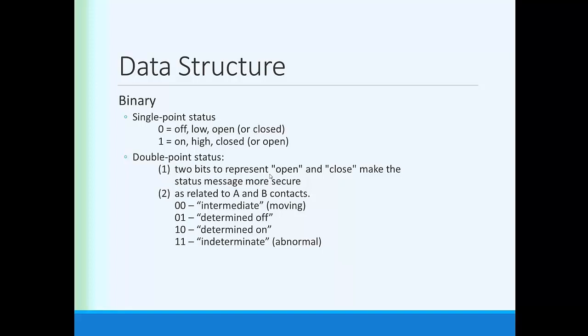There's also a definition called double point status. If a device supports double point status, then it uses 2 bits to represent whether something is open, closed, high, low, true, false, whatever the case may be. Typically the best example of double point status is a motor-operated disconnect.